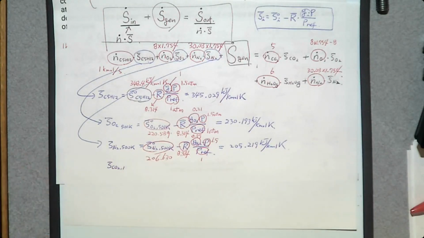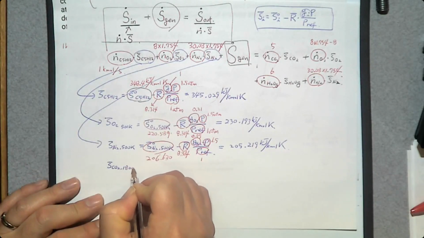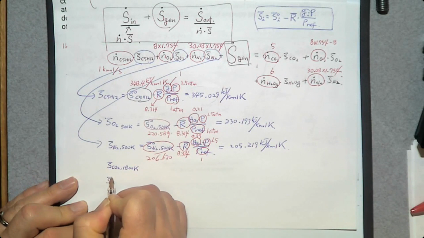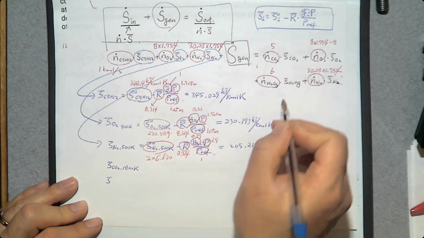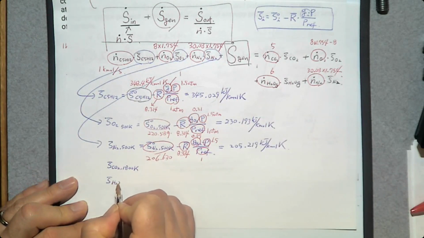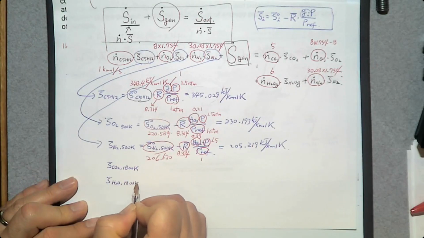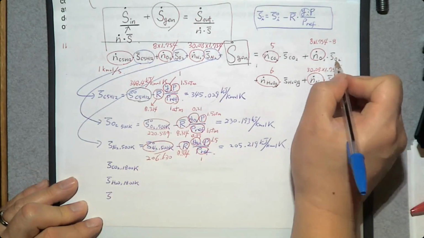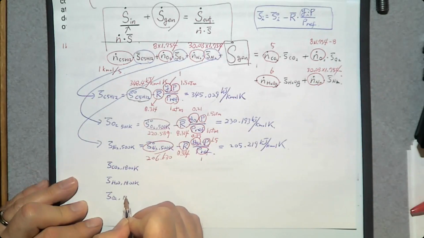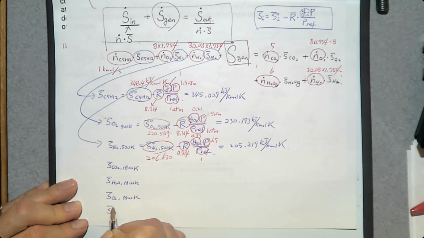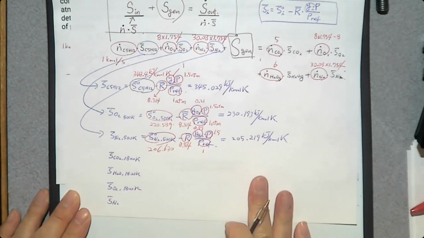What is the temperature at the exit? 1800 Kelvin. S bar of the second one, water, 1800. S bar, the third one, oxygen, 1800. S bar for nitrogen. Can you see the last one? Yeah, you can see.